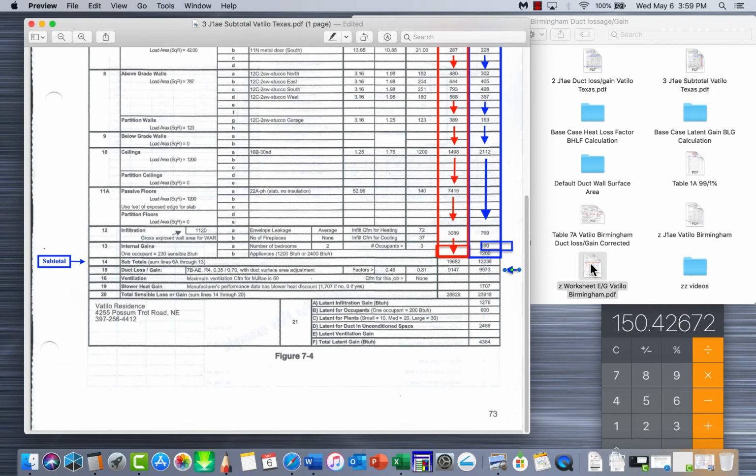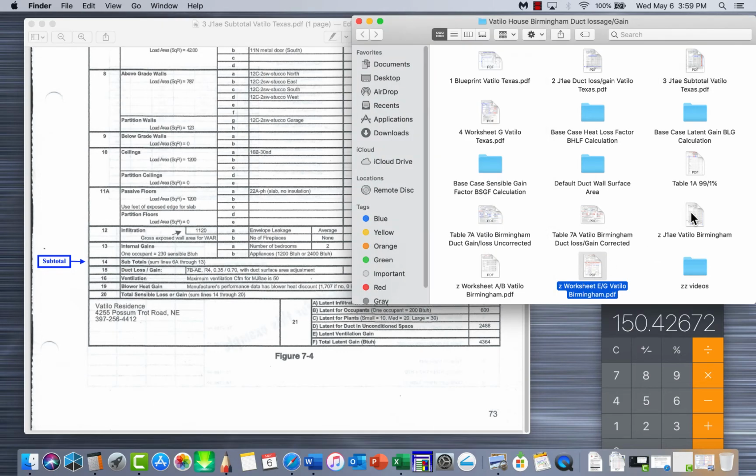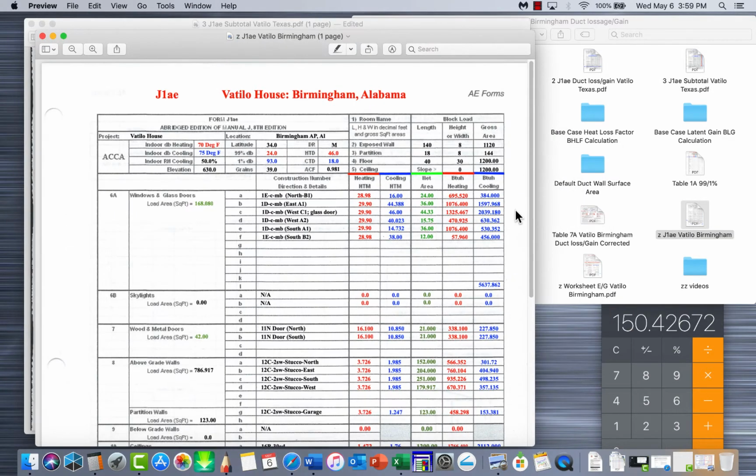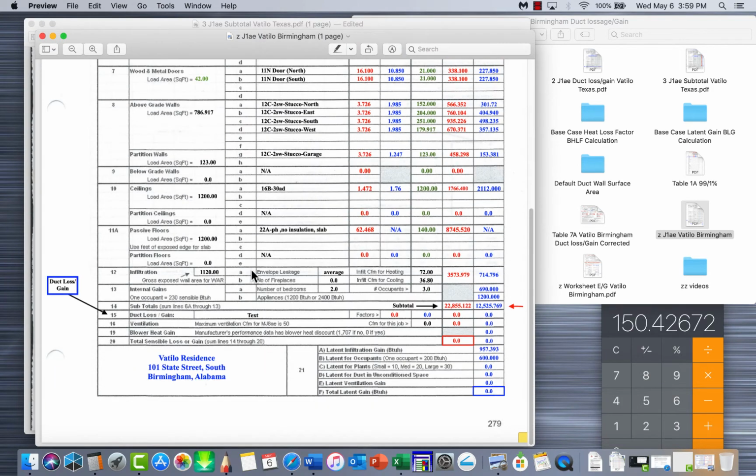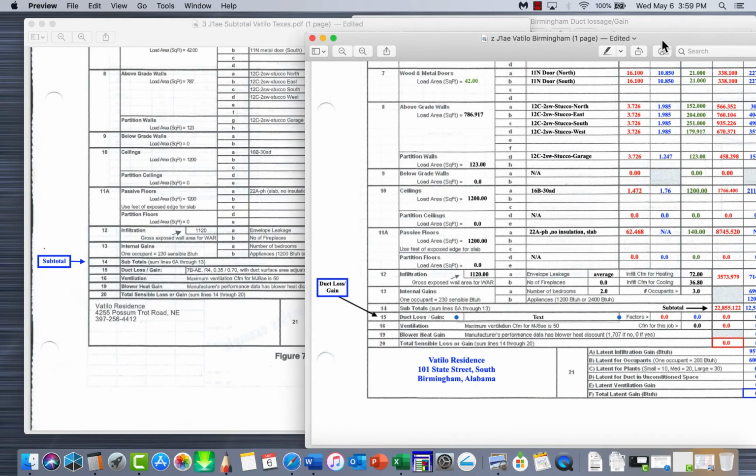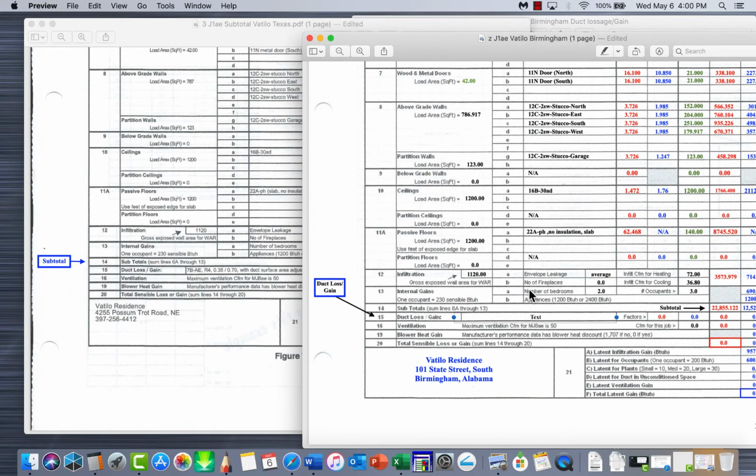Okay, so we're going to do the same thing on ours. Go to Birmingham, Alabama one. And we're going to try and fit all of that big, huge, massive amount of information in this little tiny area. Now this number right here, the 7A, that should be actually 7A-AE, because that's the actual table we're using on this one. R4 value, because we're doing the uncorrected, because that's actually what's installed in there.